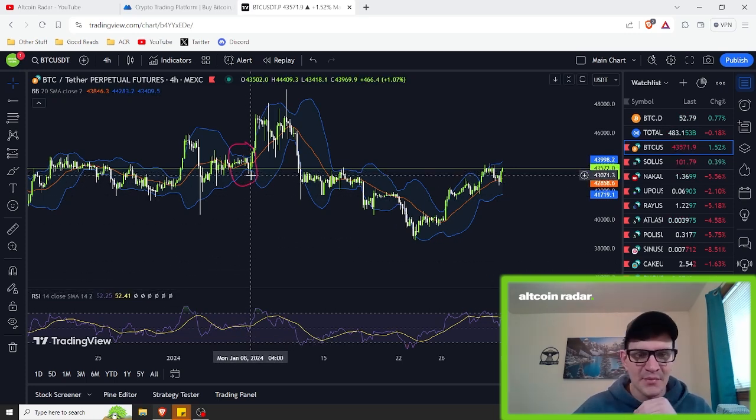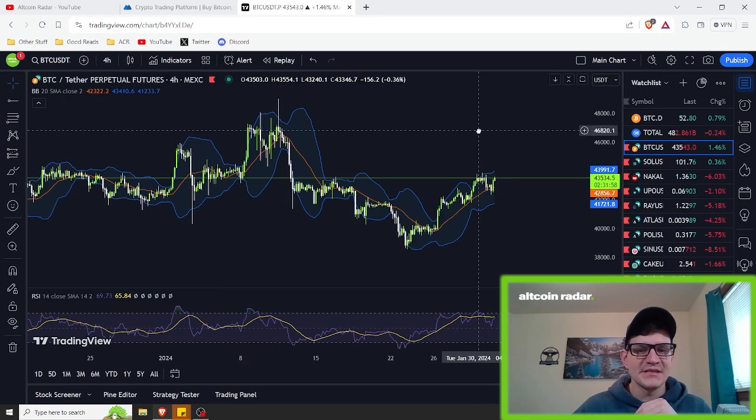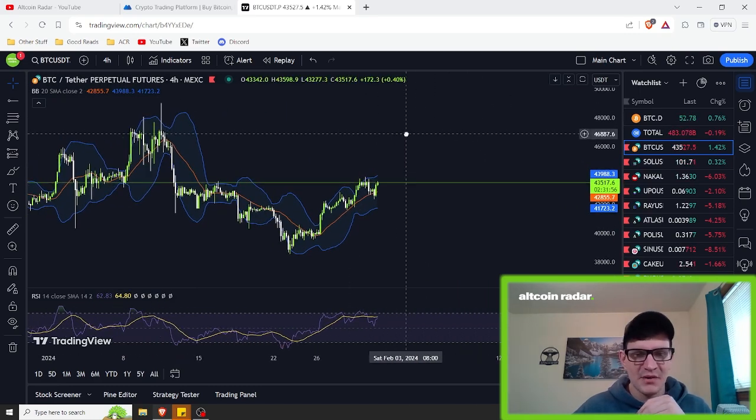And that's exactly what happened, guys. We ended up continuing the momentum and continuing to go even higher, all right? So that is an example of both a bullish and bearish scenario on how you can use the Bollinger Band squeeze to your advantage, all right?